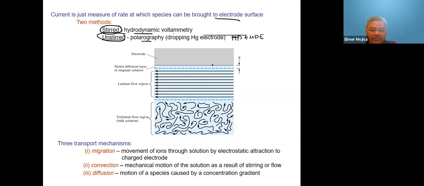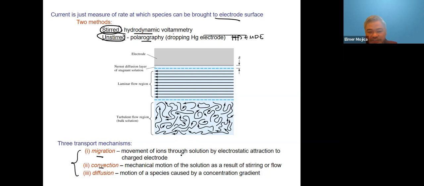So if we're going to look at this electrode, ito yung electrode niya, tapos meron siyang parang diffusion layer of the solution. Tapos meron kang laminar flow, tapos ito yung bulk solution. So ito yung interface. And this is not new to you, right? Yung introduce ko yung method last time. So you can have migration, convection, and diffusion.